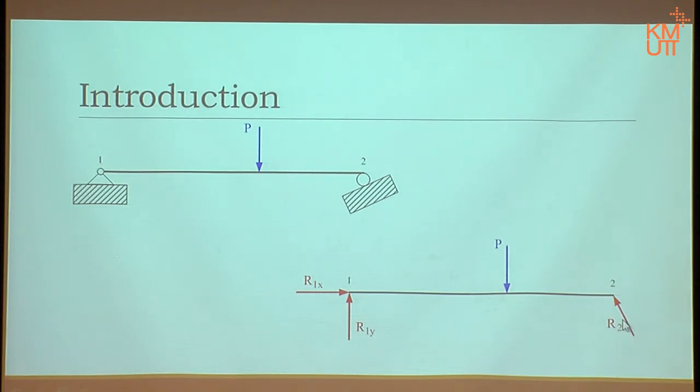Correct? Therefore, these reactions actually happen because that point load P is not 0. So there must be a way that point P can spread out to both sides. If it spreads out this way, it becomes R1X and R1Y. The applied load spreads out that way, and it turns out to be R2.